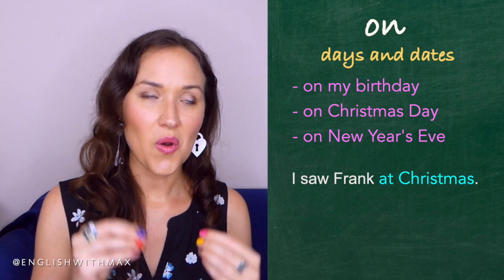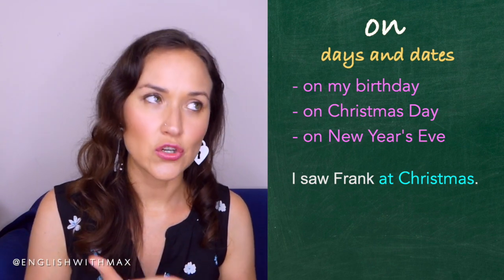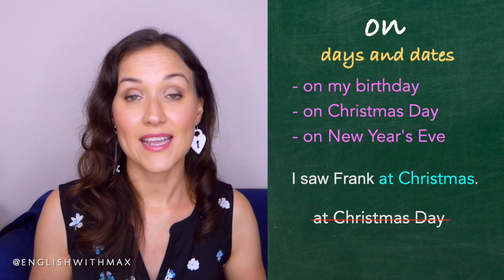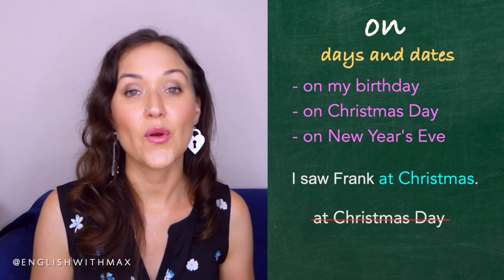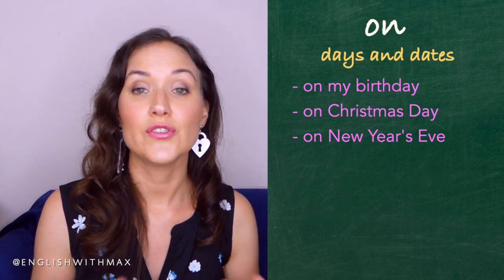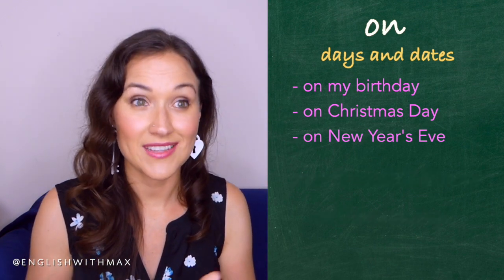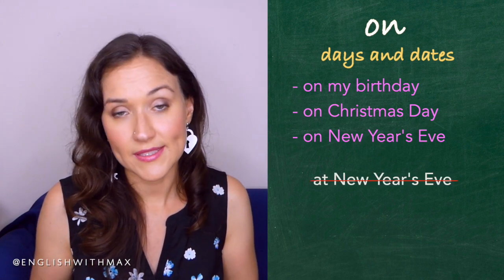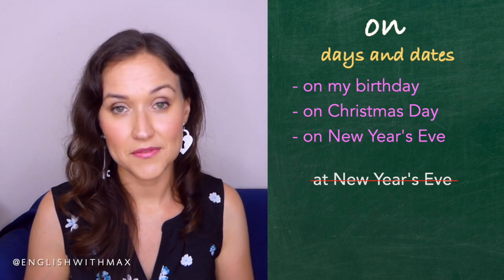So we say on Christmas Day and not at Christmas Day because Christmas Day is the 25th of December. Just like we say on New Year's Eve because that's the 31st of December. We don't say at New Year's Eve.